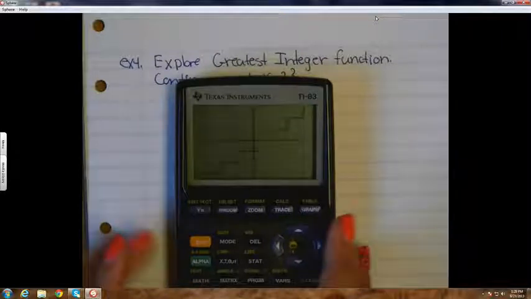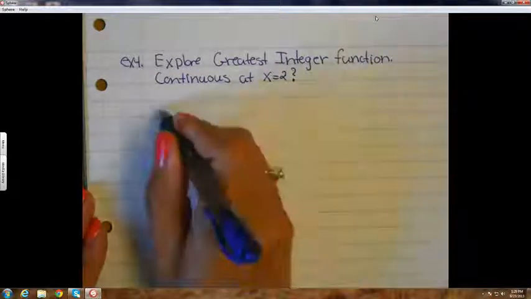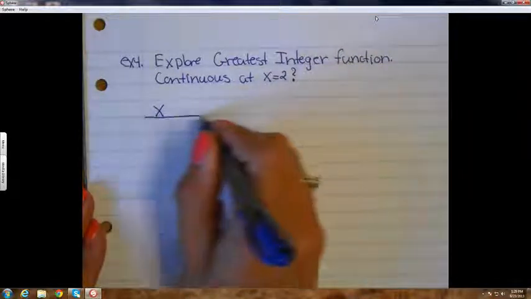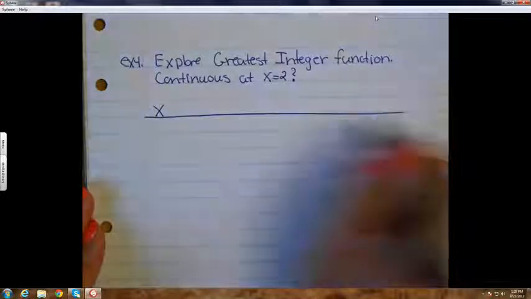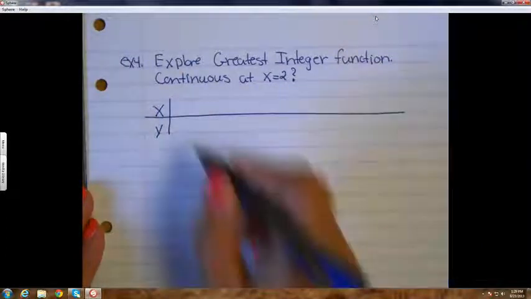So I want to show you what's happening in a table. I want you to make your table kind of an obnoxious table so that we can actually see what's going on. I want to go from 0, and I want to go by 0.2s.